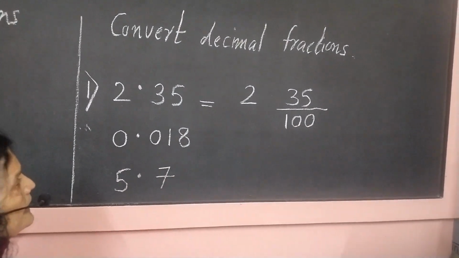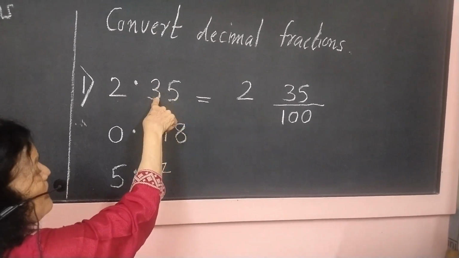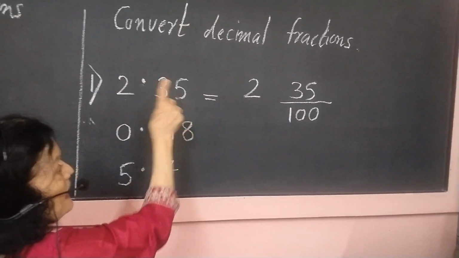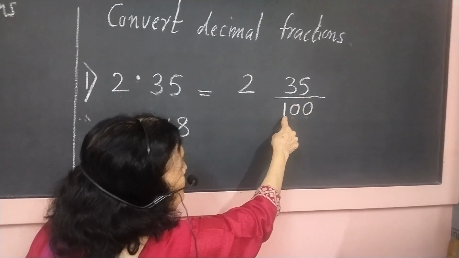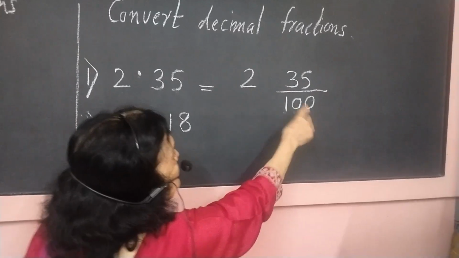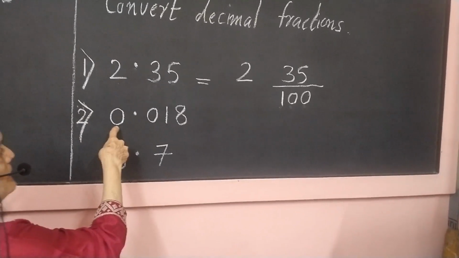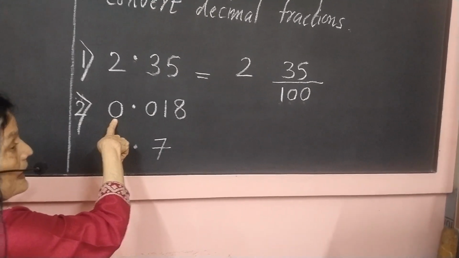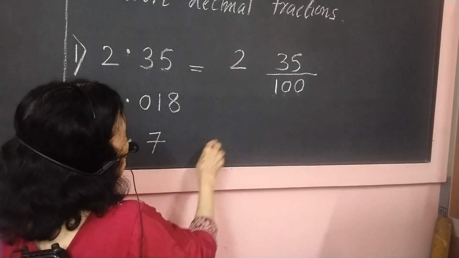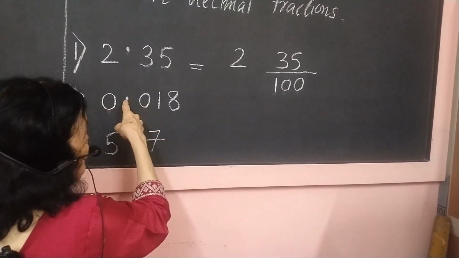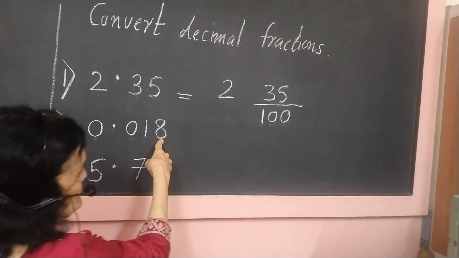Exactly opposite we are doing. We are counting the digits, and these digits which come after the decimal point give us the number of zeros which we have to put after 1 in the denominator. Now let us solve the second one. 0 is the whole number, means there is no integer here, and here after the decimal point we have got 1, 2, 3 digits.